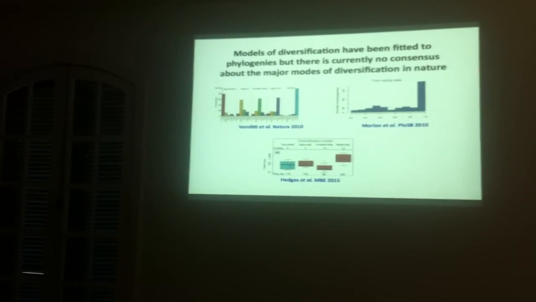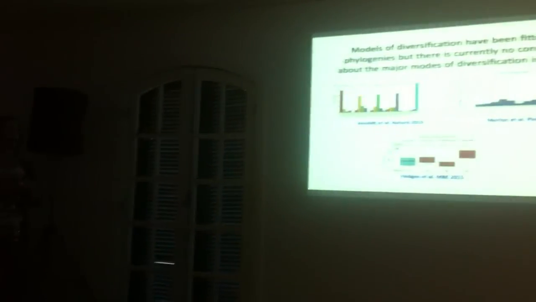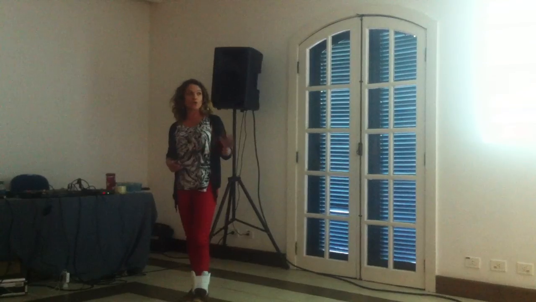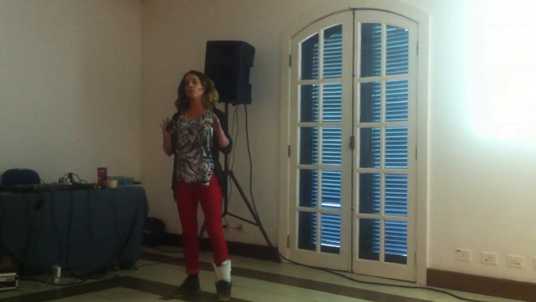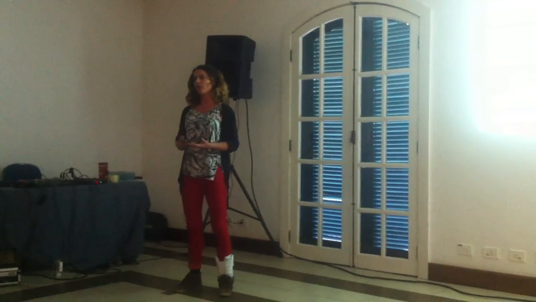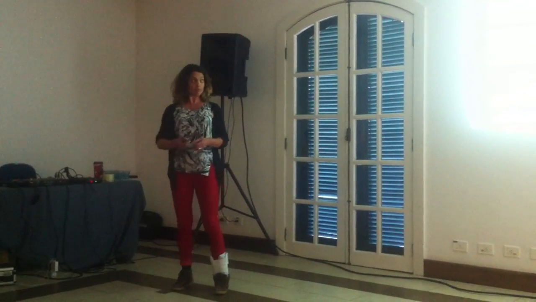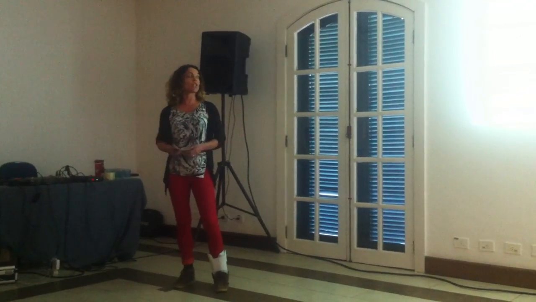Again, I won't delve too much into the details of why we don't come to a consensus, but basically this modeling approach is great, and we continue to do that in the group, and the field continues to do that. But with this approach, we have a limited number of models of diversification that we compare phylogenies to.